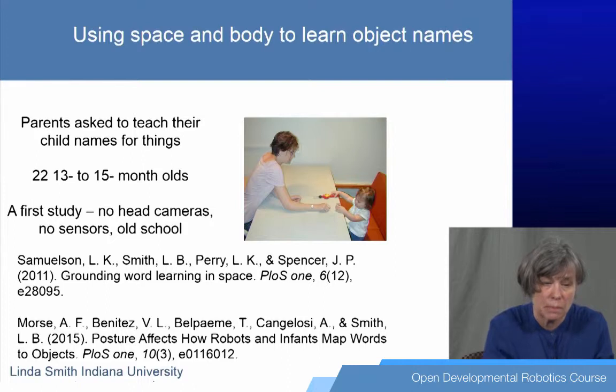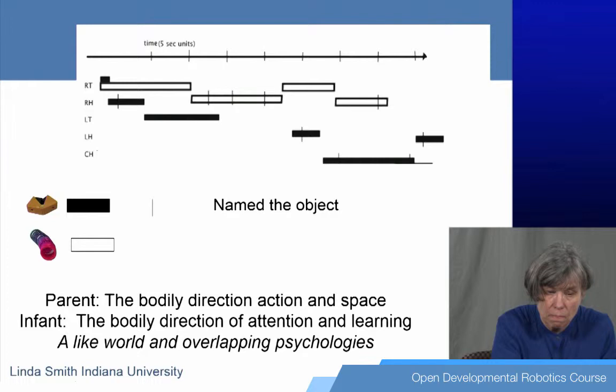So the example is about how babies use space and their body to learn object names. In the first experiment we did on this topic, we just asked parents to teach their child names for things. And the babies were 13 to 15-month-olds. So this had no head cameras, no sensors. It's an old school kind of study. And what we found was this timeline, time in seconds across the top.